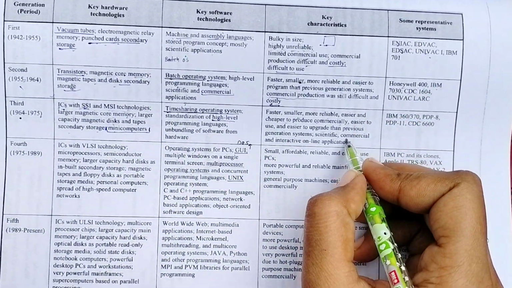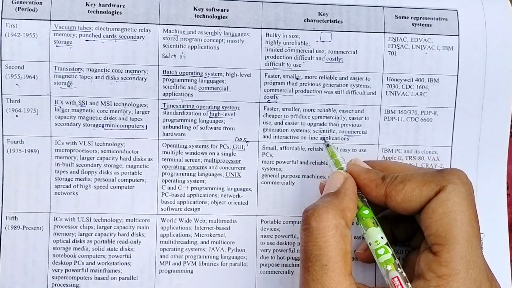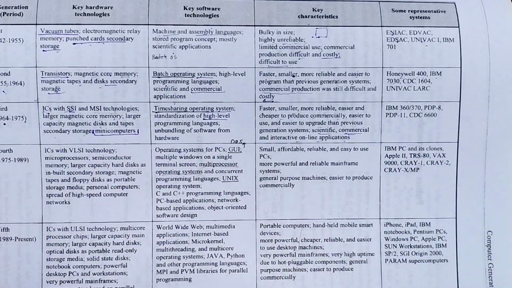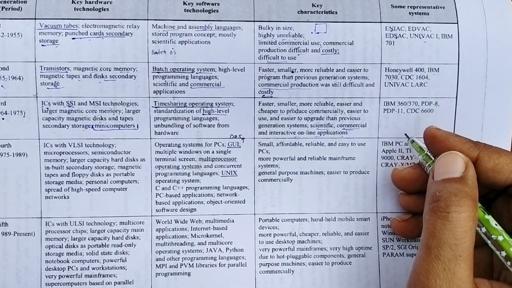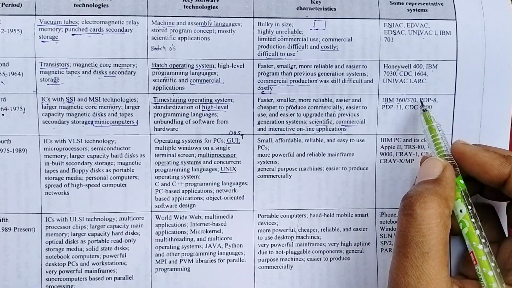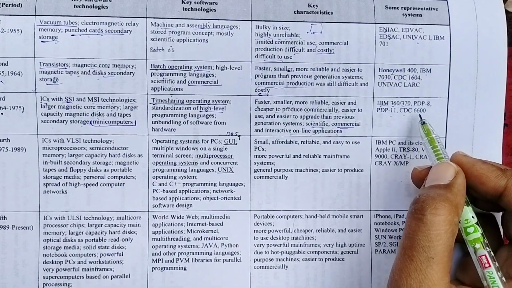Now we are using it for commercial use. It is used for scientific and commercial and interactive online applications. Some examples are IBM 360, 370, PDP, PDP 11, and CDC 6600.